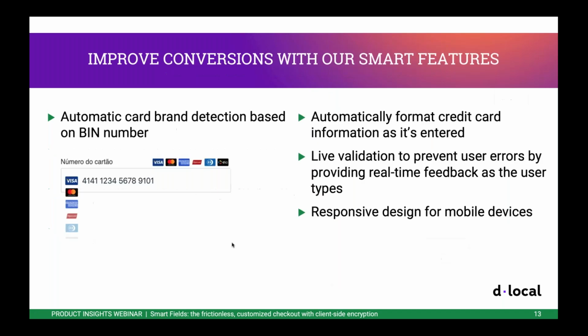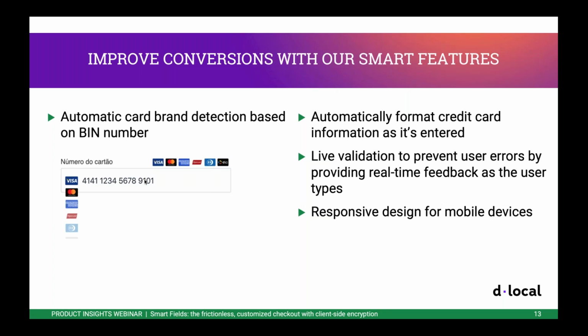So now let's take a look at some of these additional features that I was mentioning. First of all, the one that I showed before: as you type the credit card number, the brand is automatically detected and shown there to give confidence to the user that they are not making any mistakes. Also, the format is automatically applied, so the user can easily see the numbers as they see them on their card.